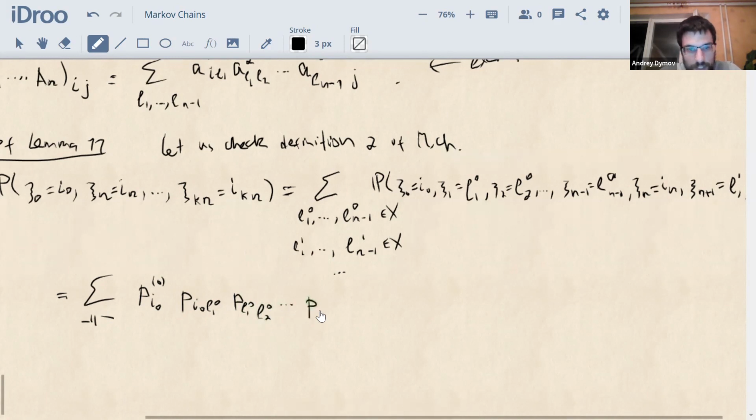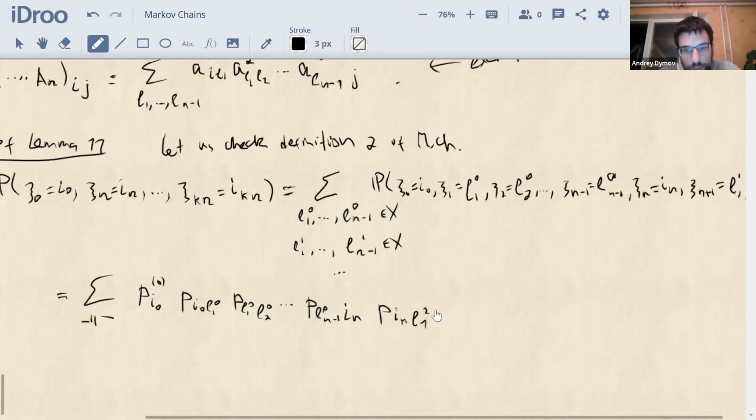Finally, I have transition probability from Ln-1,0 to IN.